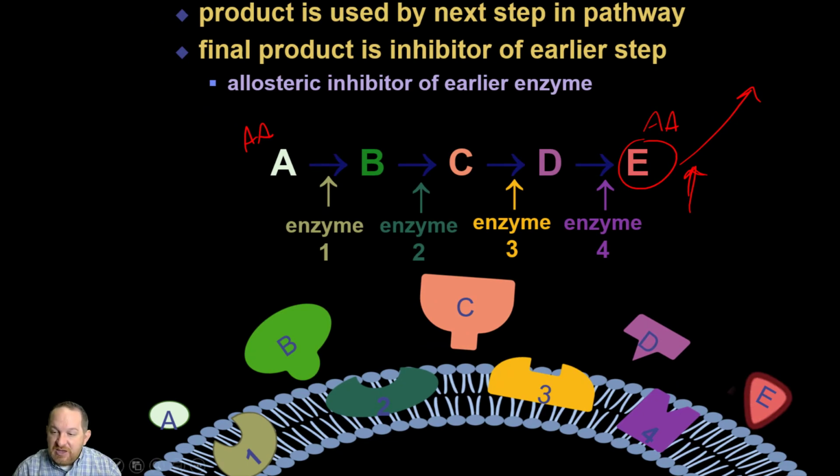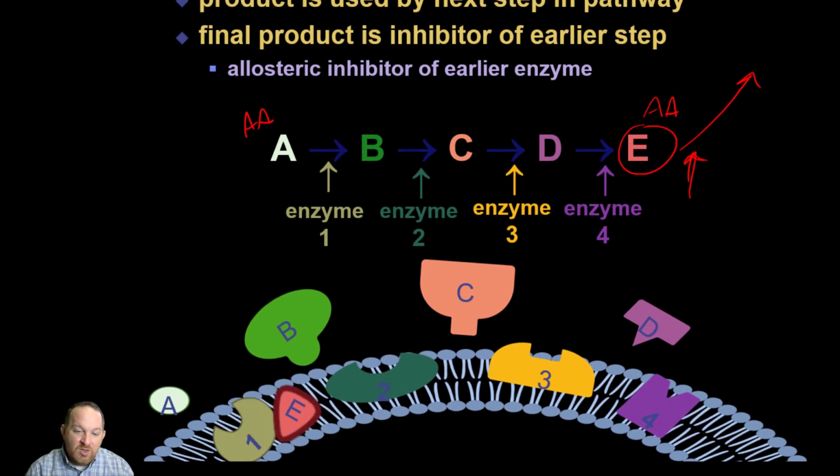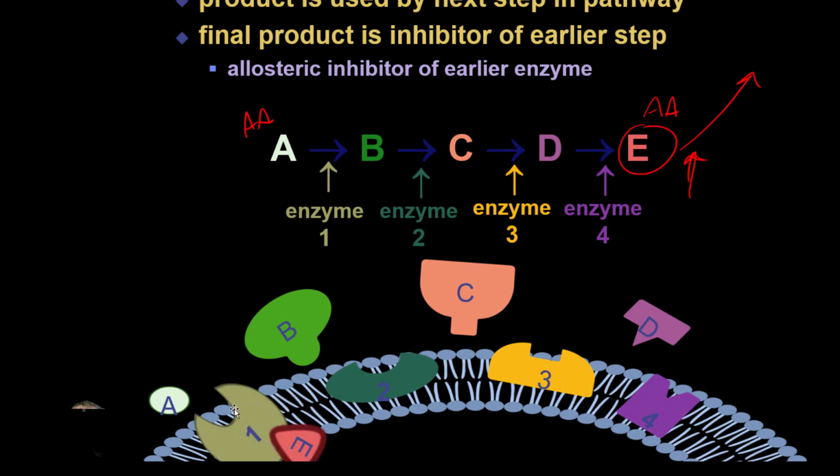So what you'll see here is that that molecule will go over, bind to that enzyme, change the shape so that this no longer will bind. So in essence, it's turning off this entire coordinated production because I don't need to go through all these steps anymore to make E if I've got enough of this molecule E.